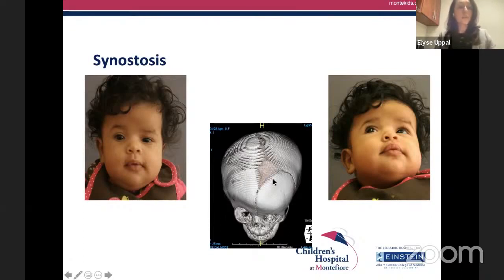So while the upper third of the skull is twisted towards the right, you can see that pretty well on CT here, the lower two-thirds are actually twisting left. So you can kind of think of that as a corkscrew. And again, that's pretty characteristic of unicoronal synostosis. So that's a good way to tell the difference between deformational and craniosynostosis.